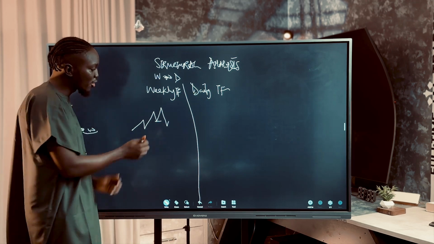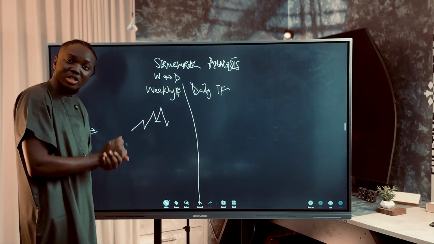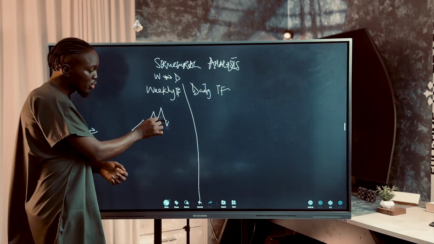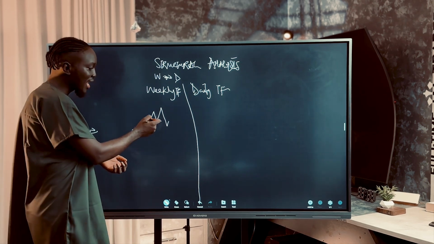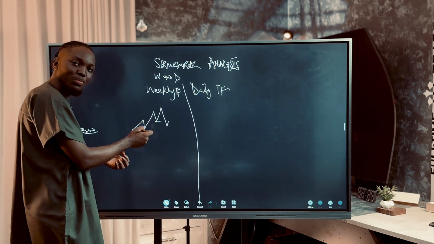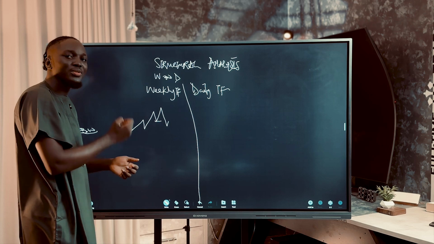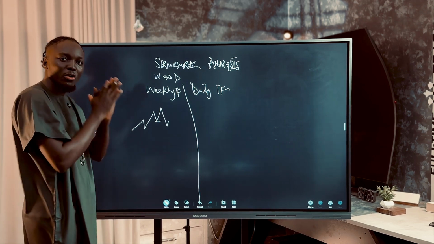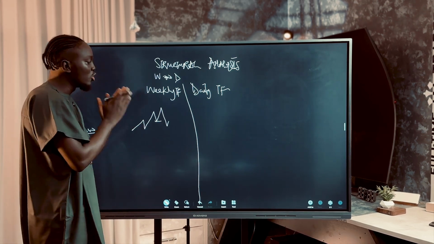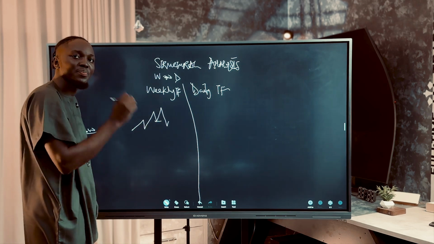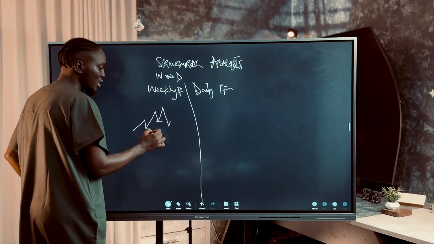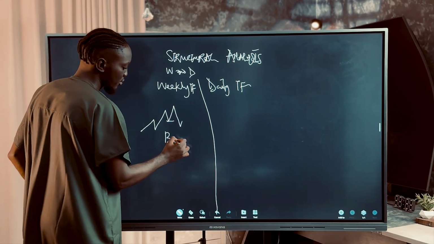Nothing mixed. Whatever low is broken on that time frame, any structural low, your last major higher low, if it is broken, then that is a break of structure on that time frame, which means you will record the weekly time frame as being bearish. So our weekly time frame is bearish.